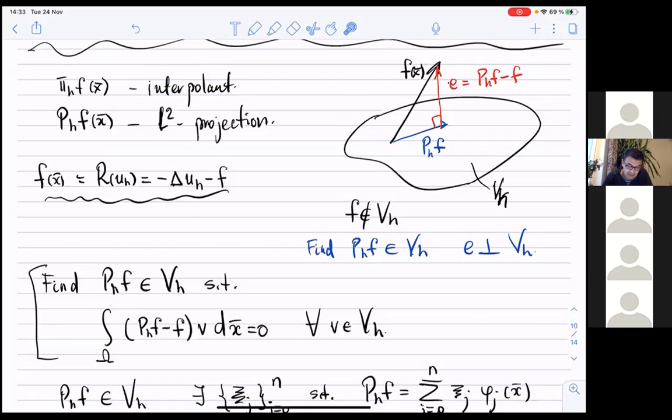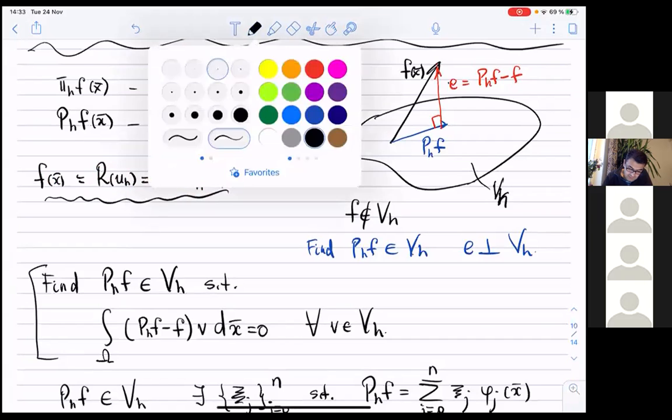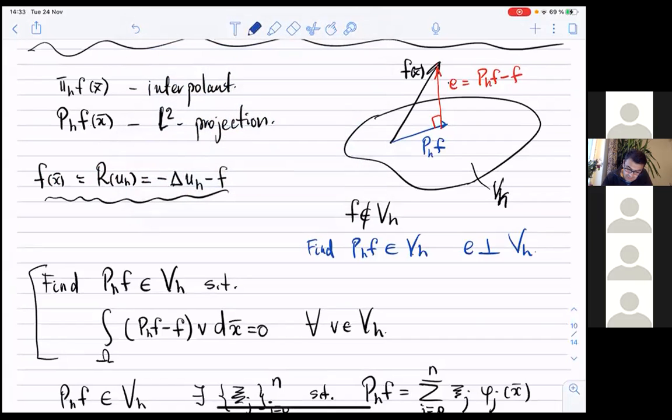Then we say that we are looking for some best approximation of this R. In this case, instead of that function, I put R UH, and this is our space VH. We want to find some best approximation of this R UH in the finite element space.